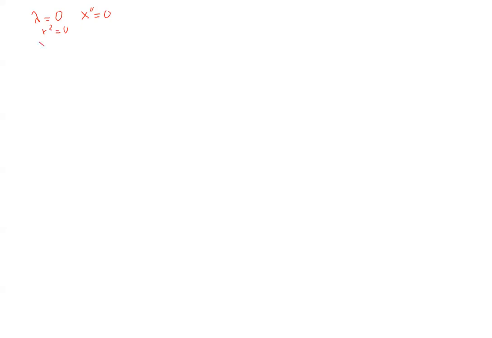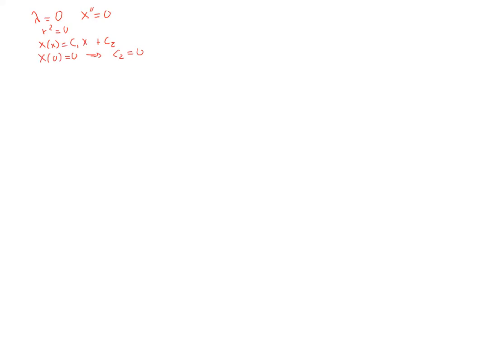And what you get is that x of x is c1x plus c2, or c1 plus c2x, doesn't matter. The order in which you set these two things is irrelevant here. What is relevant is that if you plug in 0, this forces C2 to be equal to 0.